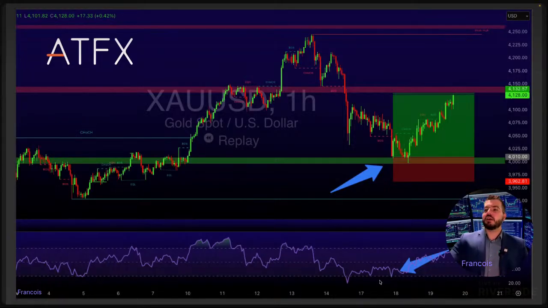Divergence means, for instance, if you have a look here, your RSI is making a lower low and then all of a sudden a higher low, but your price action is making a lower low and a lower low. So in essence, here the trend is starting to go up, and here the trend is still going down. That is what is known as a divergence.